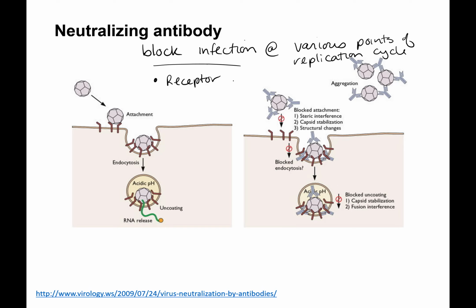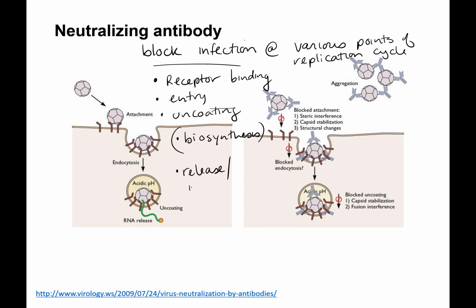So it can block receptor binding, or maybe the receptor and the virus still interact. It might block entry. It might block uncoating. The antibody might interfere with some part of biosynthesis. Usually not. This is usually for drugs. But it also could affect the release and maturation of the virus.